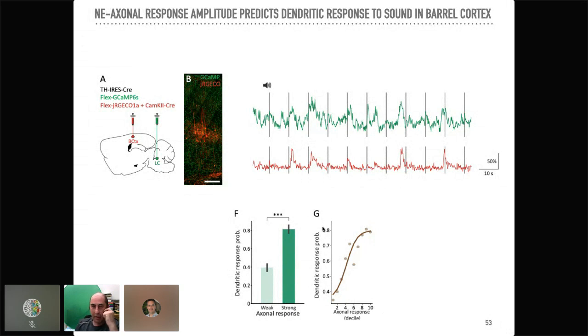So in a way, our interpretation, of course it's not the only interpretation, is that when noradrenaline comes, it makes the dendrites more excitable, and then the auditory input that arrives through these layer 1 axons can trigger the dendrites, and then you see activity in the dendrites to sound.